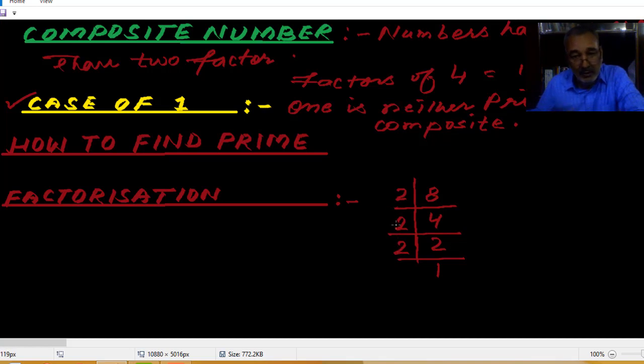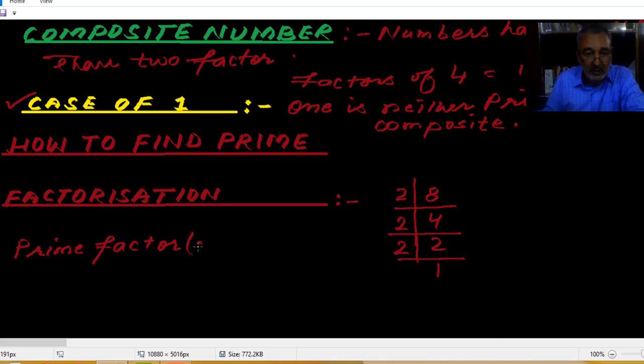But all these prime factors are the same. So prime factors, I'm saying factors, not factor, of 8 are just the same, only 2, as 1 is not a prime number.